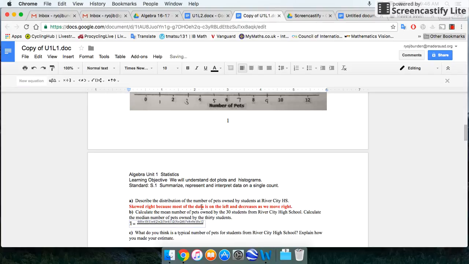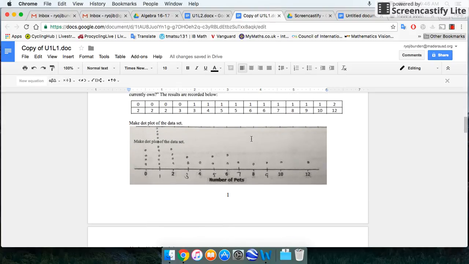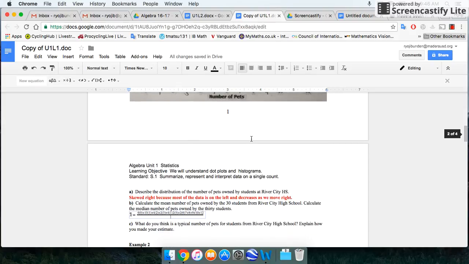All divided by the total number of dots, and we have 30 dots.